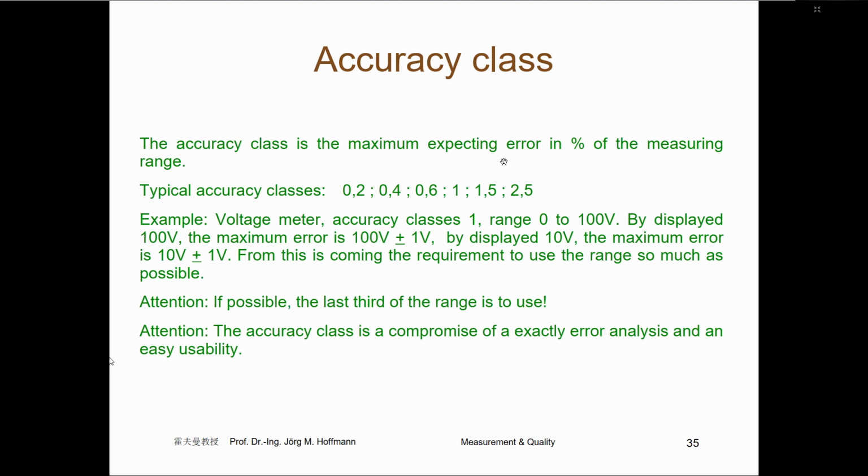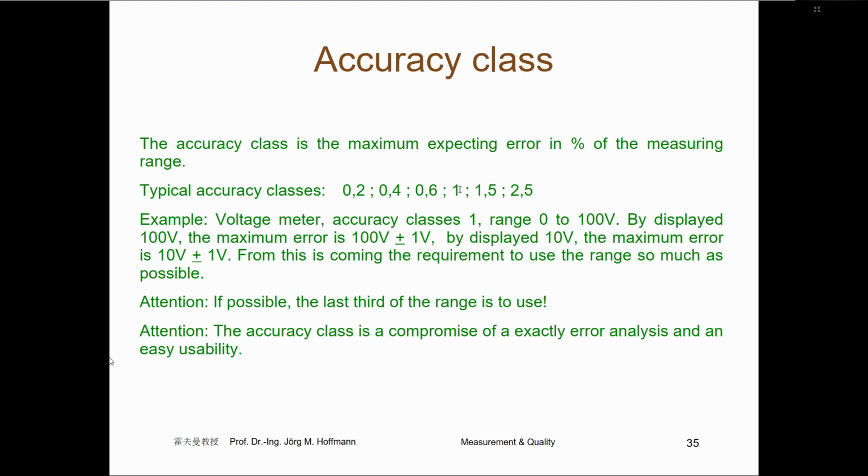And for this, we have so-called accuracy classes. Very typical accuracy classes, for example, in electrical measurement devices are 1 or 1.5. This means 1% of the measurement range. That means when you have a measurement range from 0 to 100 volt, you have plus minus 1 volt measurement error. That's the maximum.